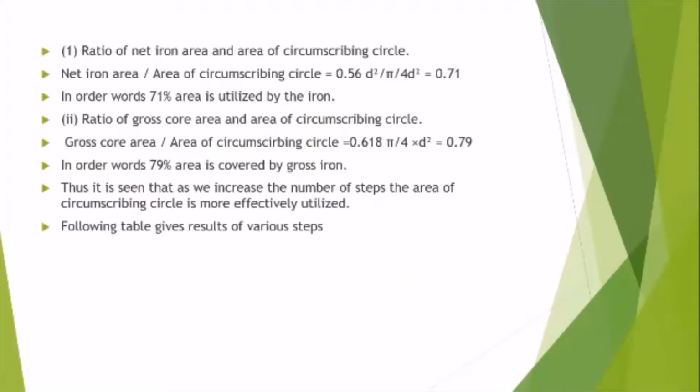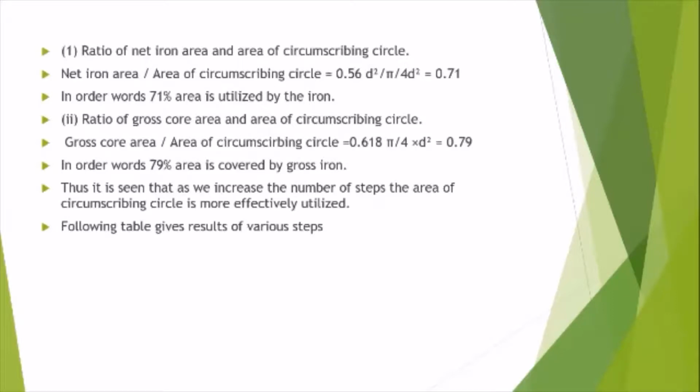So the ratio of net iron area and area of circumscribing circle, net iron area upon area of circumscribing circle, gives us, in other words, 71% area is utilized by the iron.